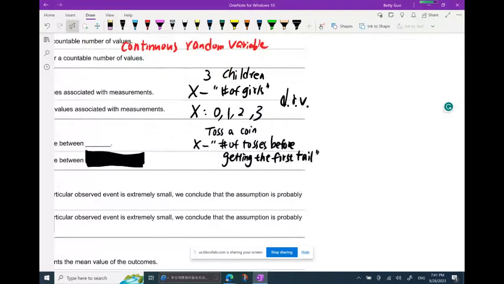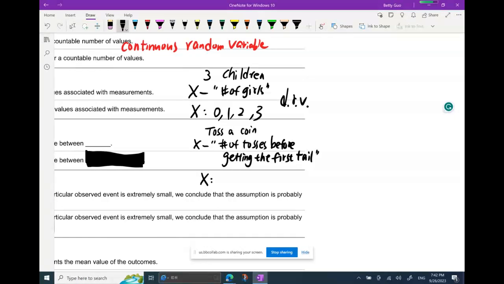Okay, let's see what all the values x could possibly assume. You toss a coin, and x here represents the number of tosses before we get the first tail. We keep going, we toss the coin. If we see the first tail, then we stop. If we don't see a tail, always head, we continue.